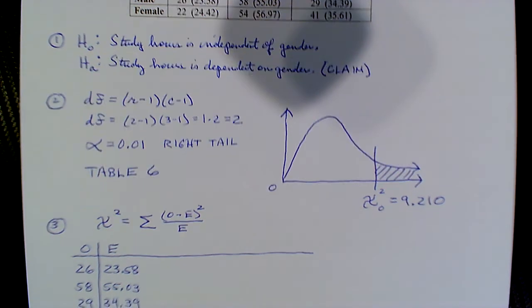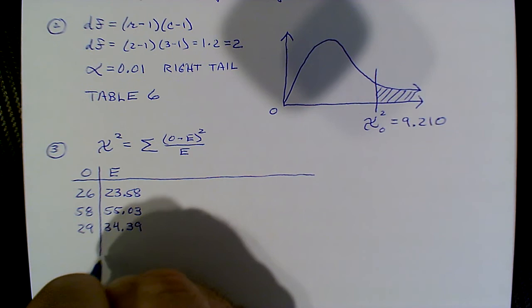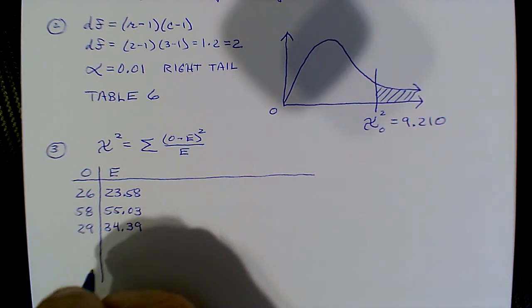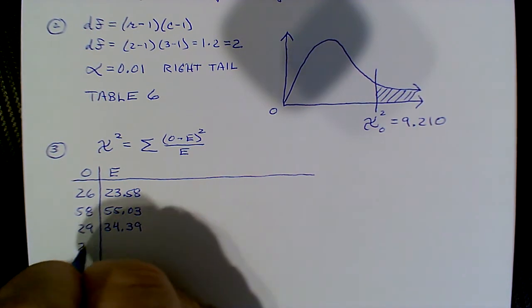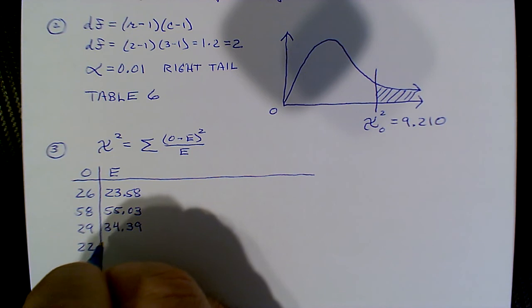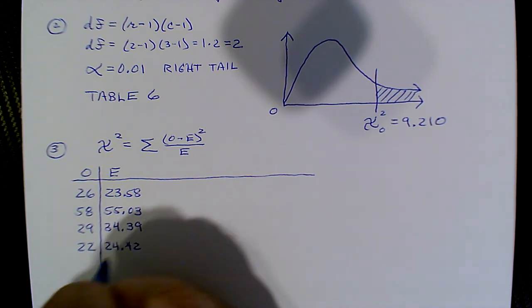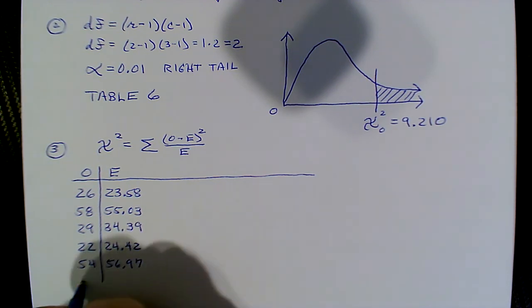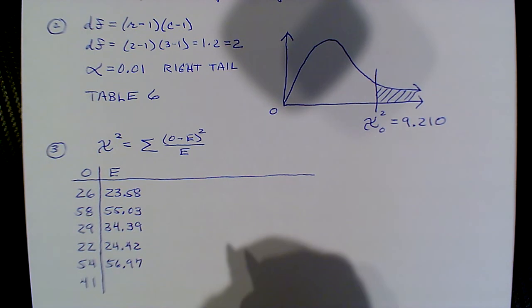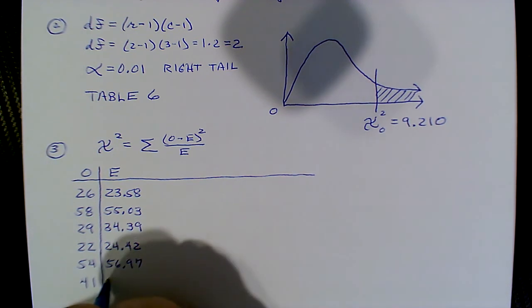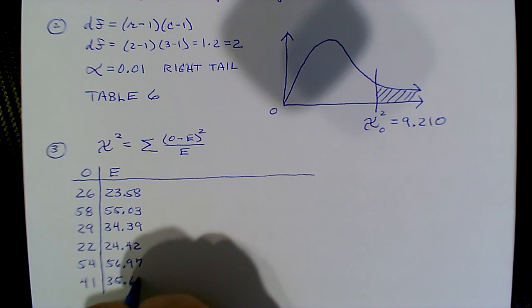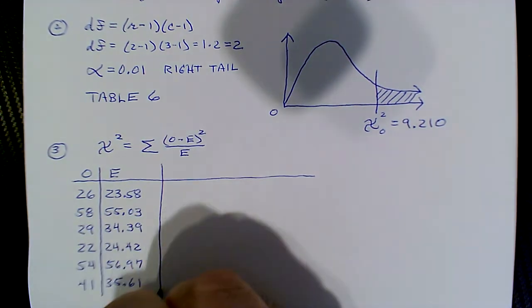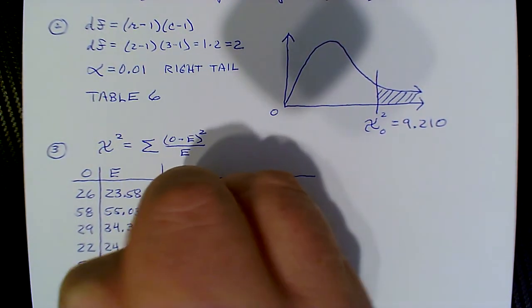Now I'll just finish copying them down. 22 and 24.42, 54, 56.97, and finally 41 and 35.61.